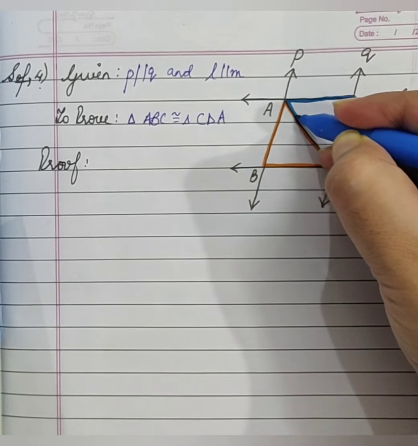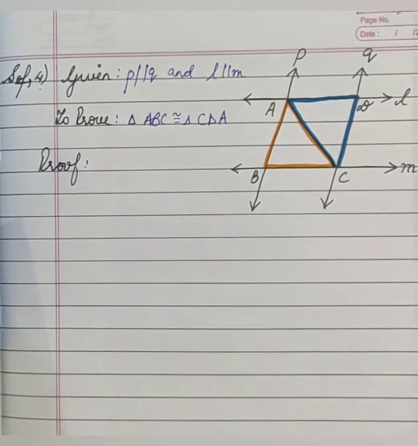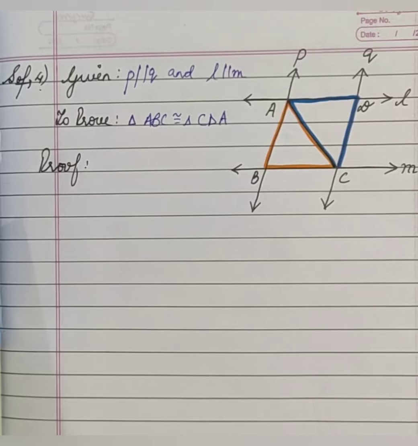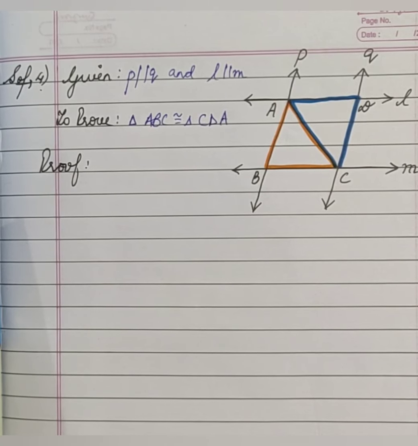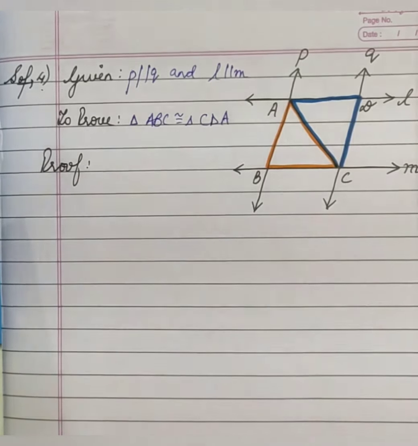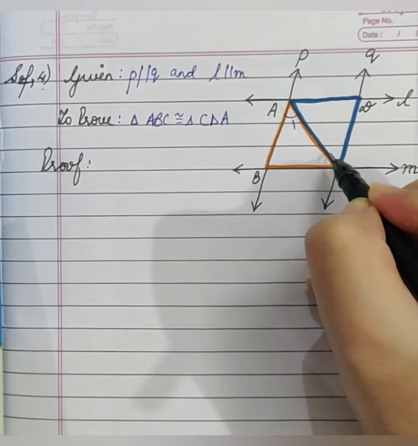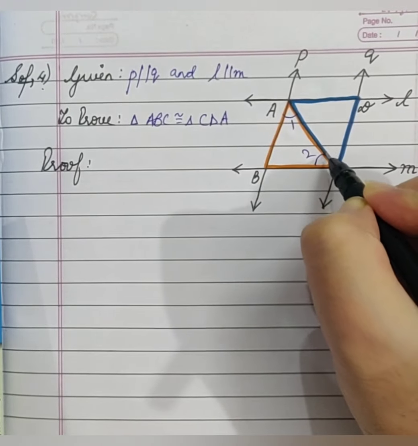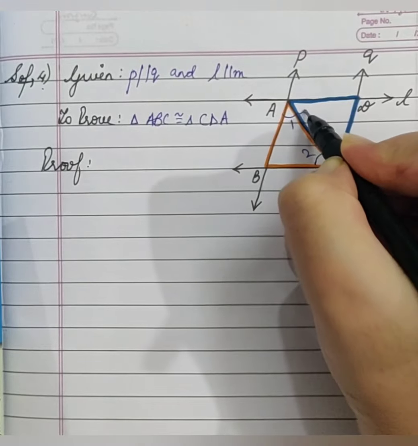We need to prove these two triangles as congruent. Now see, in this question we can use multiple congruencies, not only one congruence rule. Let's see how. Let me name this as angle 1, angle 2, 3, 4.